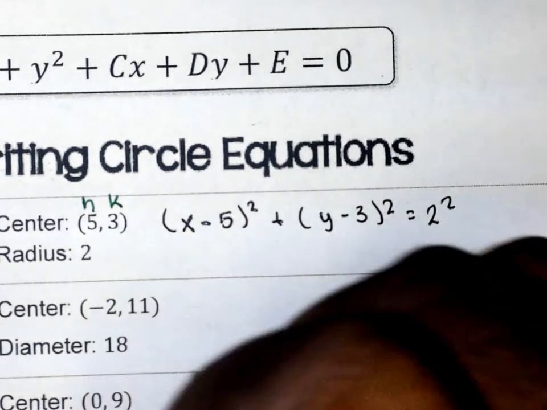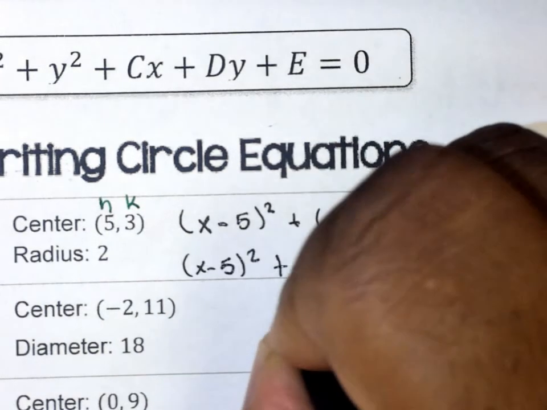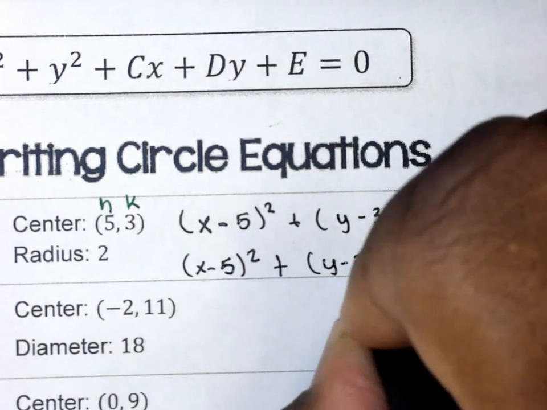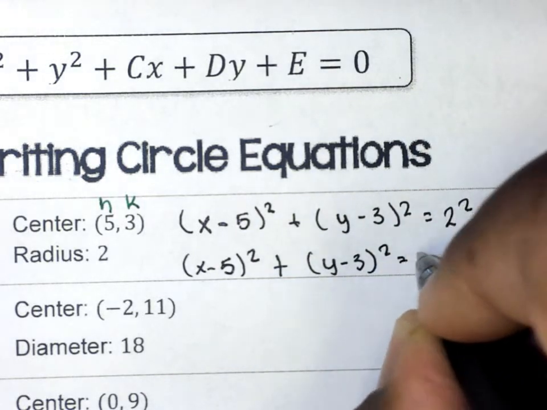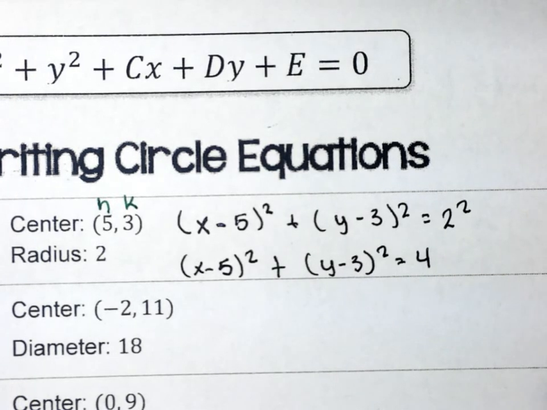And then I need to clean that up. (x - 5)^2 + (y - 3)^2 = 4. This is a center radius form equation for a center at (5, 3) and a radius of 2.